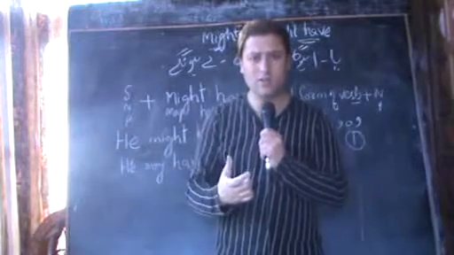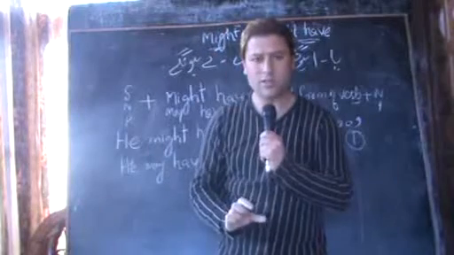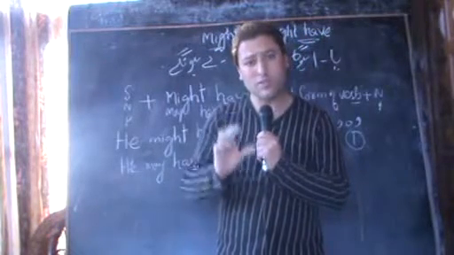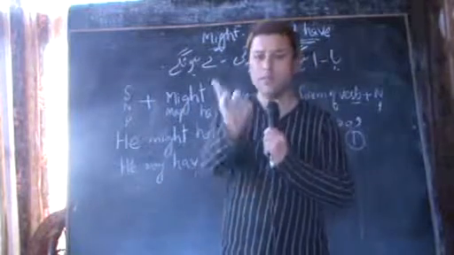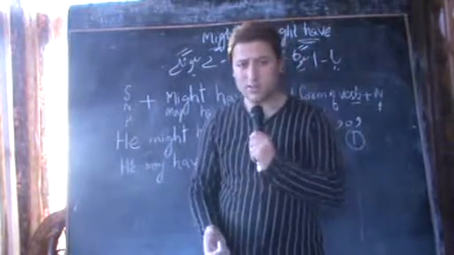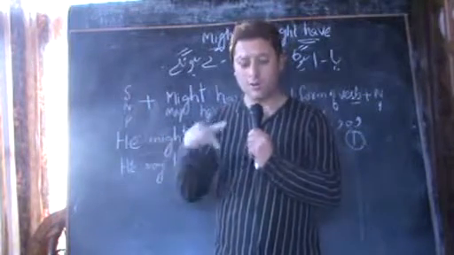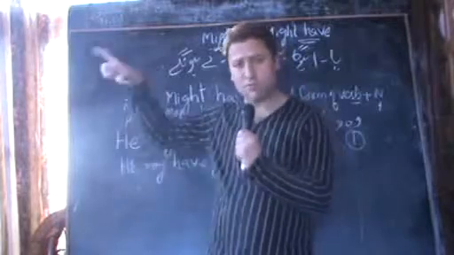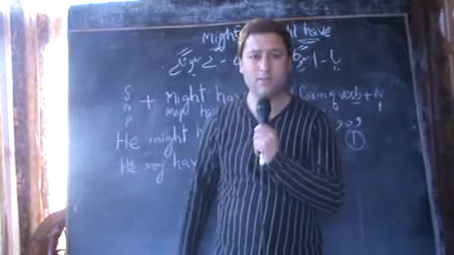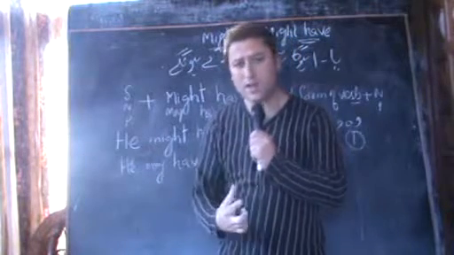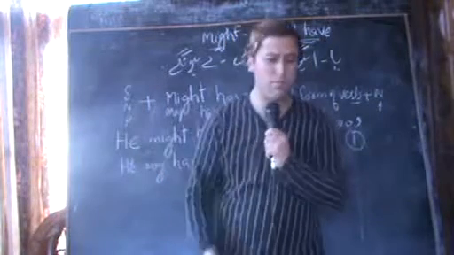Now, if I ask that person the question, in the first situation is there more possibility of rain, or in the second situation? Where is the more possibility of rain? He would definitely answer that when the sky is full of clouds, there is more possibility.